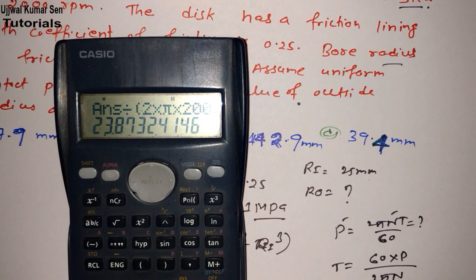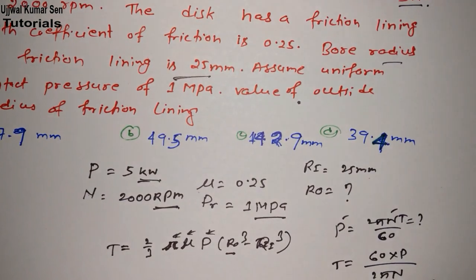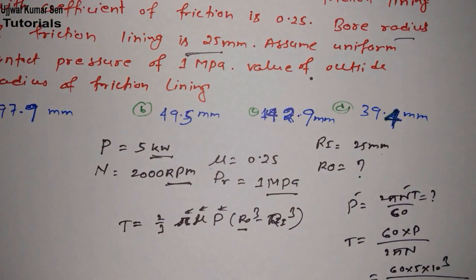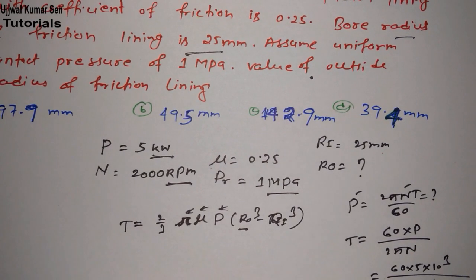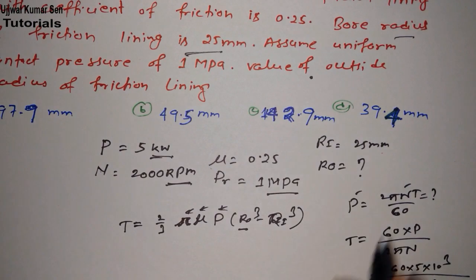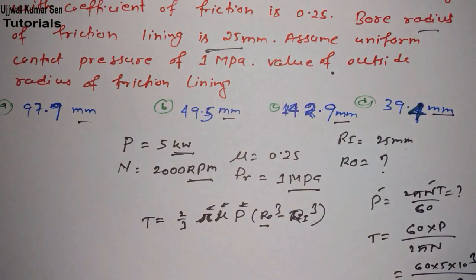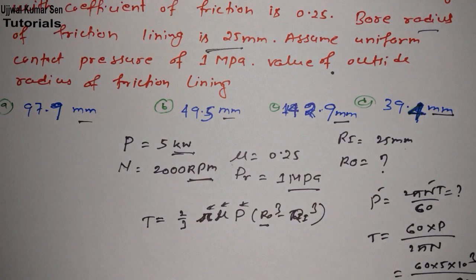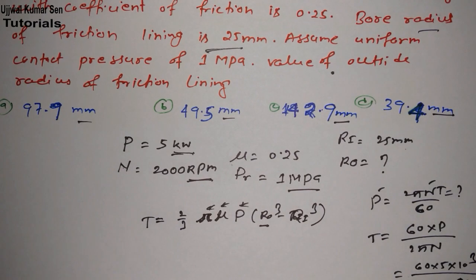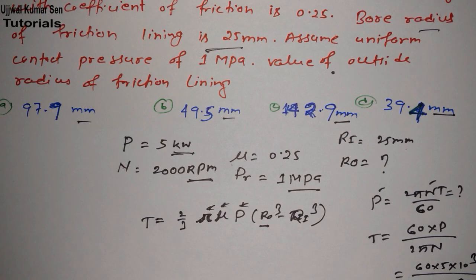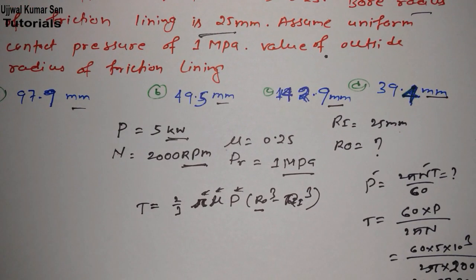In the examination you need to take up to 4 decimal values to get the most accurate answer. Now we got this value, just put this value on this side. Now look at this, the unit they have given is in mm. So take all units in mm only, then it will become quite easier for you.